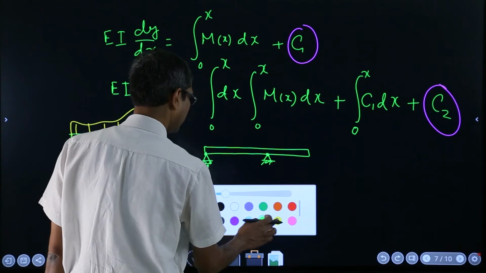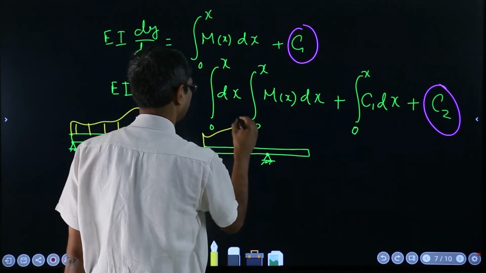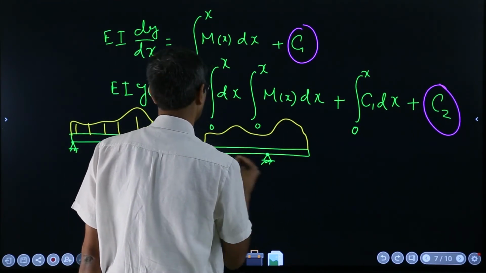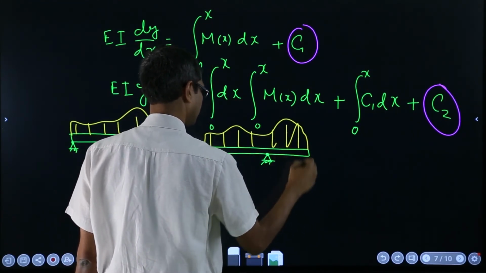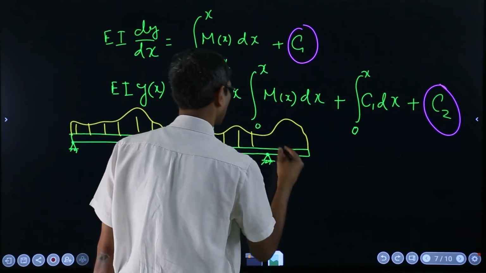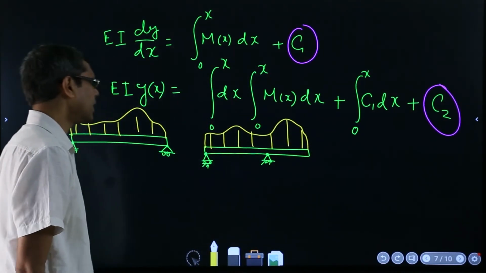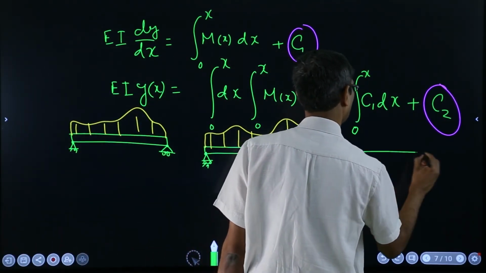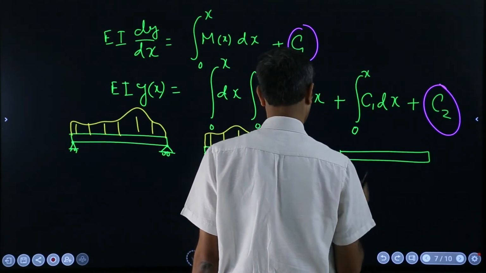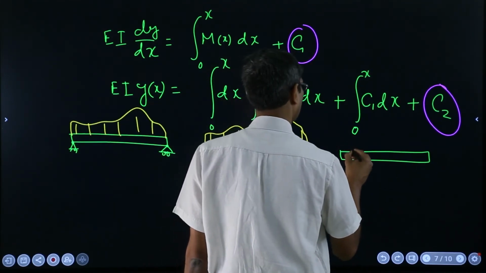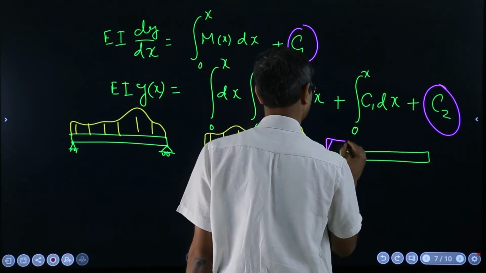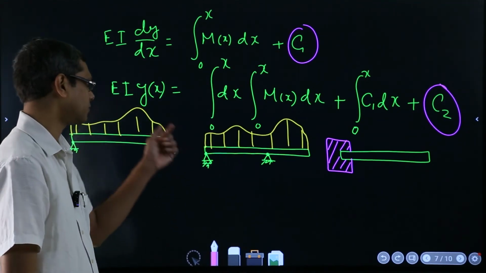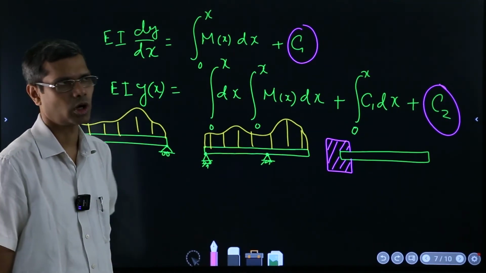And then again you have your beam, again loading, whatever is the load, like that. And the third case, which will be like this, is a cantilever beam. That means one side of the beam is completely fixed to the wall.